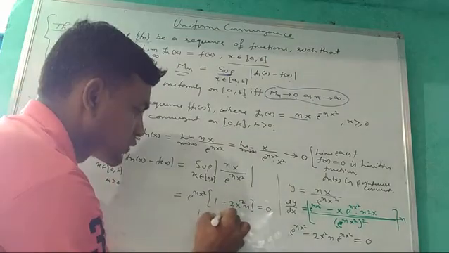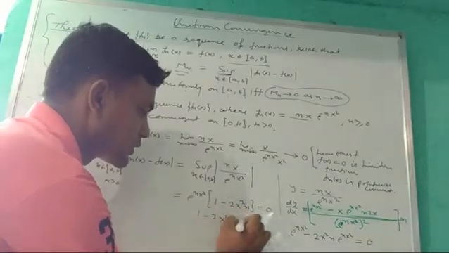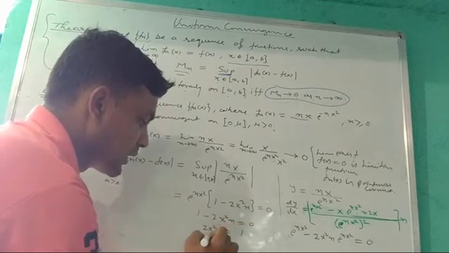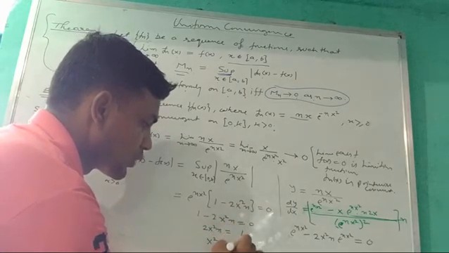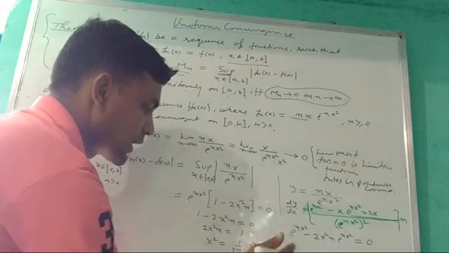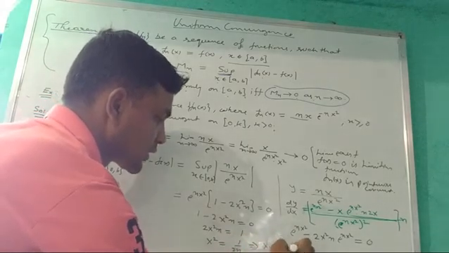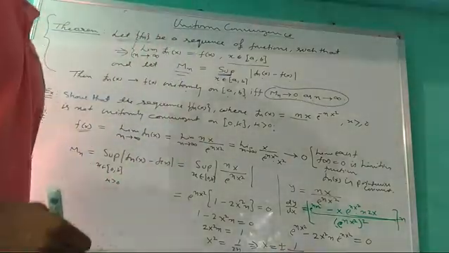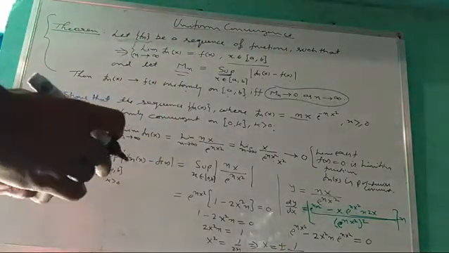Then 1 minus 2x square n equal to 0, so 2x square n equals 1, and x square equals 1 upon 2n. This implies x equals plus minus 1 upon root 2n. Okay, x equals plus minus 1 upon root 2n.